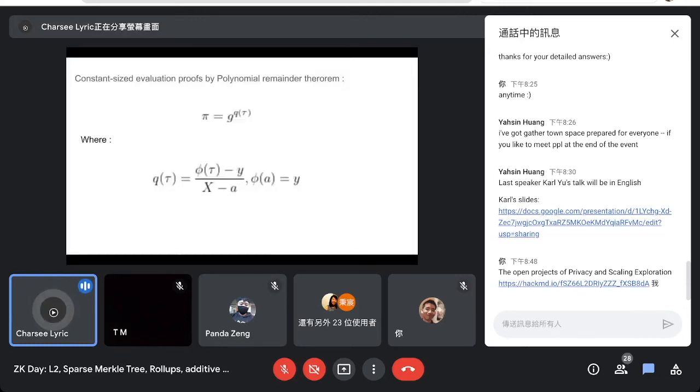In terms of the evaluation proof in the KZG commitment scheme, this relies on a theorem called the polynomial remainder theorem, which lets you verify that a given point in a polynomial is actually equal to the given y.